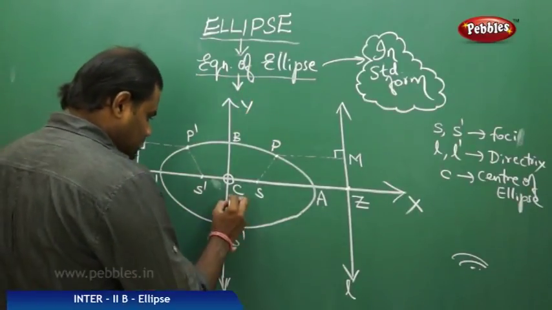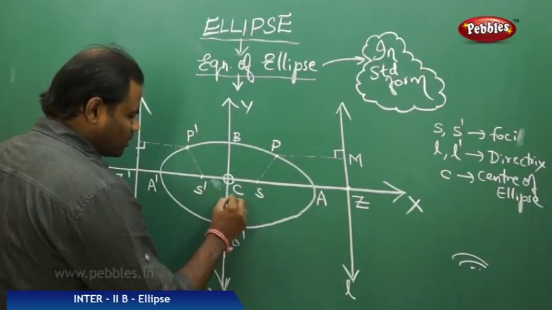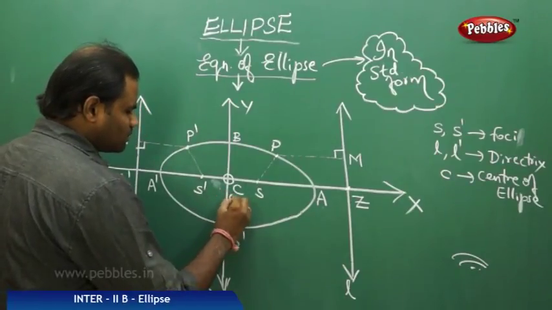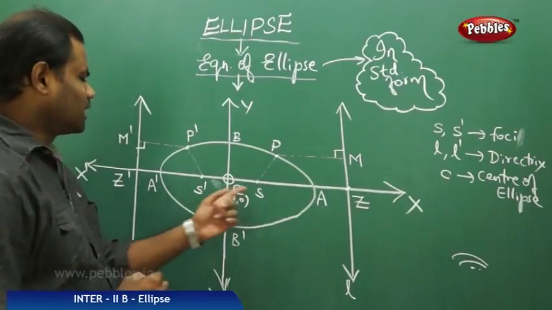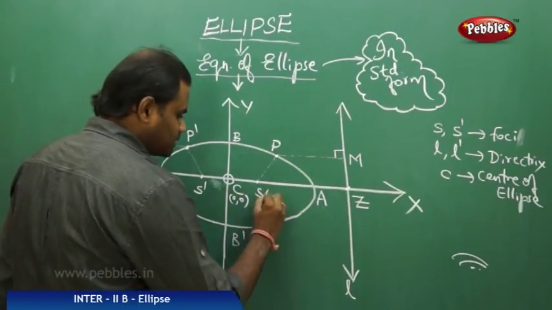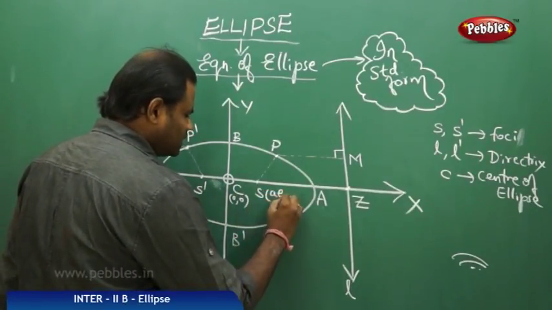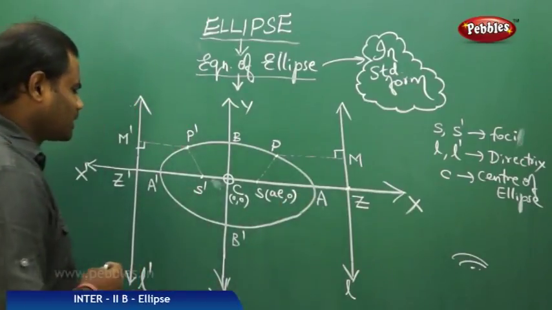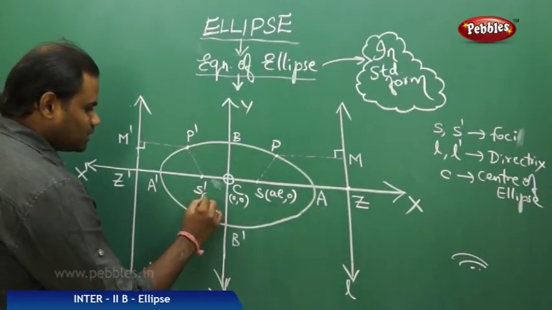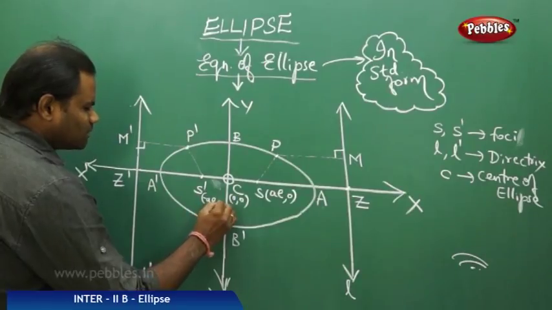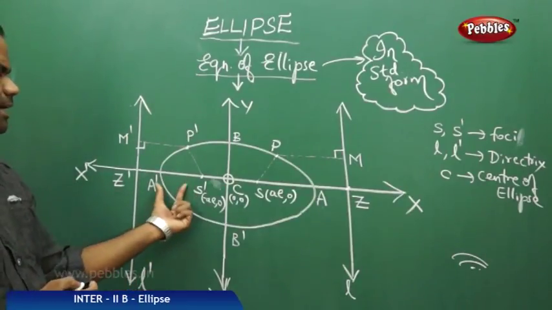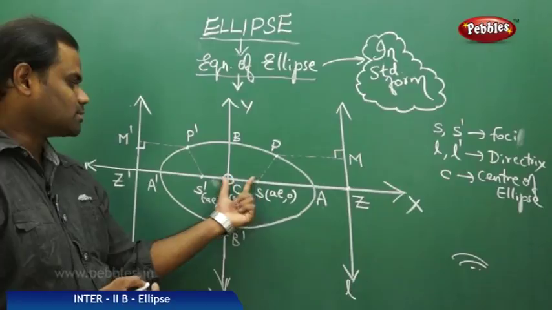So we know that the center is at the origin, so the coordinates of C are 0, 0, and the focus on the right is given by the coordinates AE, 0, and the coordinates of S dash are minus AE, 0, because it is exactly on the left and this distance equals this.